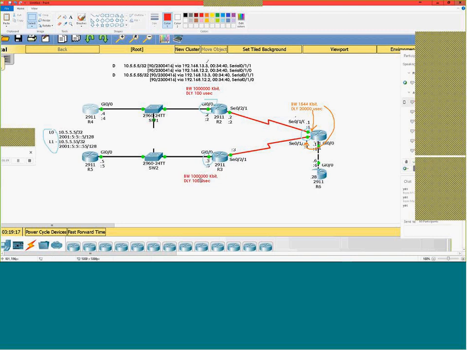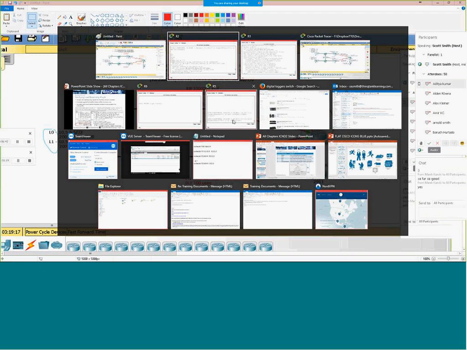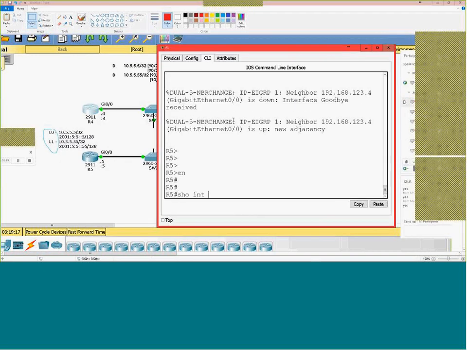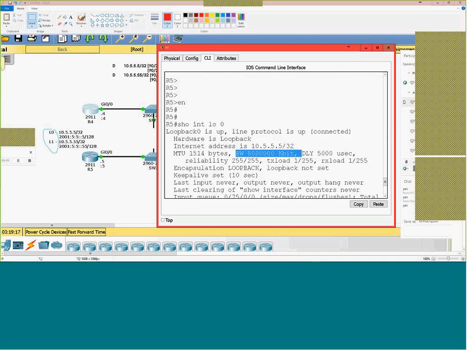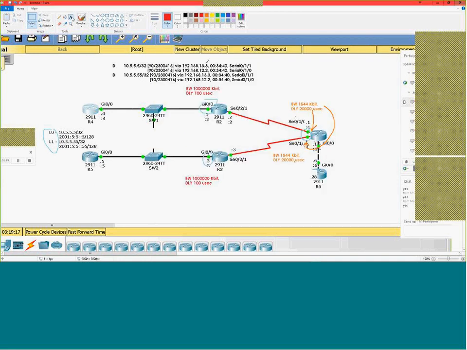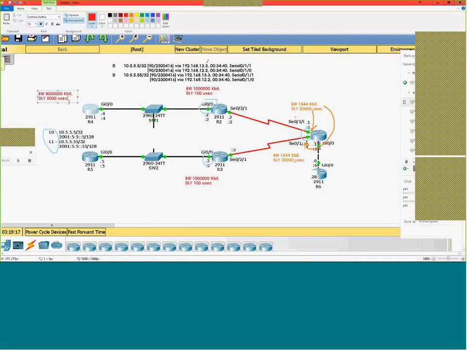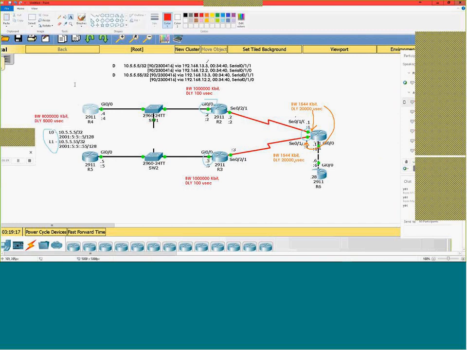Right? So that guy's going to have the same bandwidth and delay. This guy's going to have the same bandwidth and delay on this side. So the only thing left is to check the loopback interface on router 5. So I'll go into router 5, show interface LO0. And the bandwidth and delay on this interface is this value. And we do count those interfaces. Those interfaces are our destination.